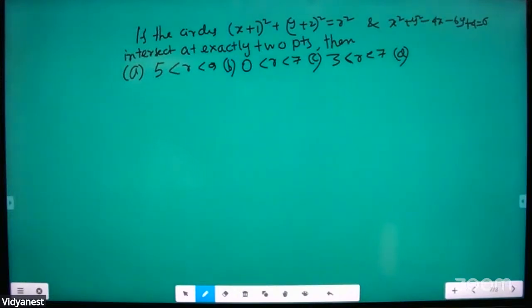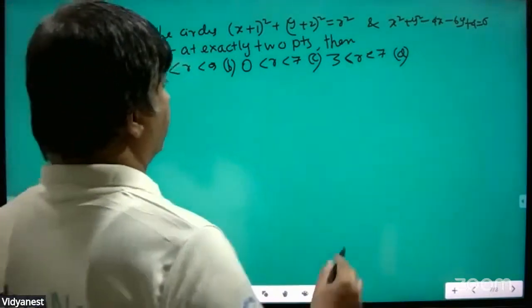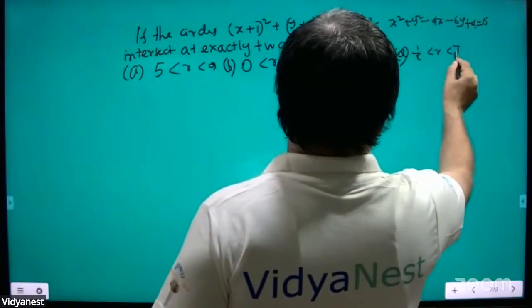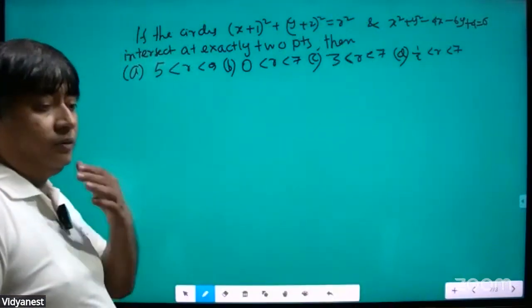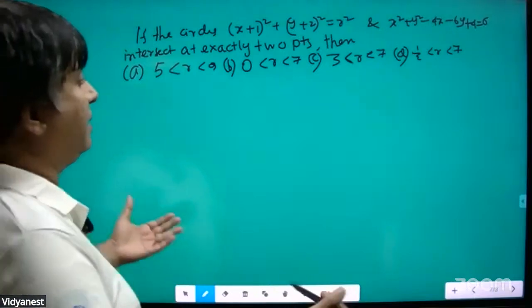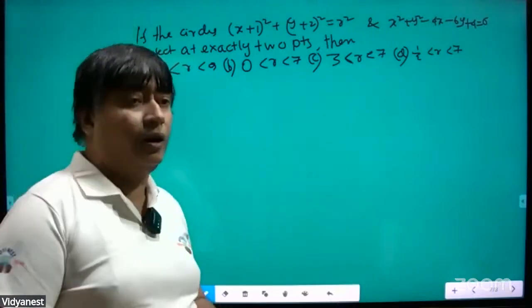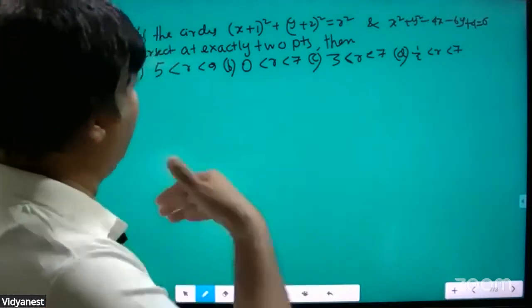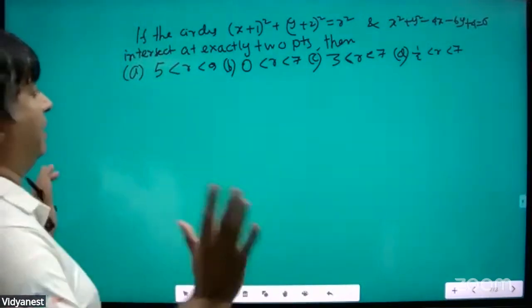And half less than r less than 7. Okay. Now, if this sum is given to me, or if I have become the student, from that point of view, how can I start?